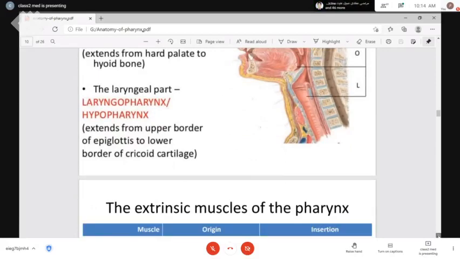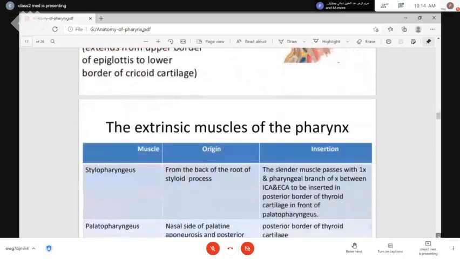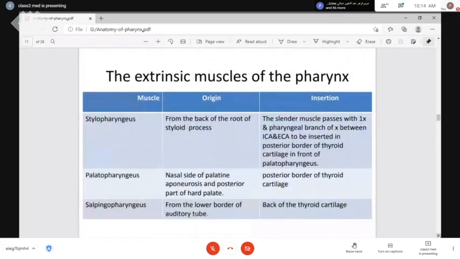What are the extrinsic muscles of the pharynx? Three muscles. First, the stylopharyngeus muscle, originating from the back of the root of the styloid process, and its insertion passes with the posterior border of the thyroid cartilage in front of the palatopharyngeus muscle.